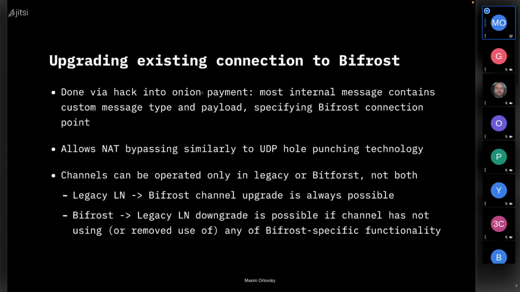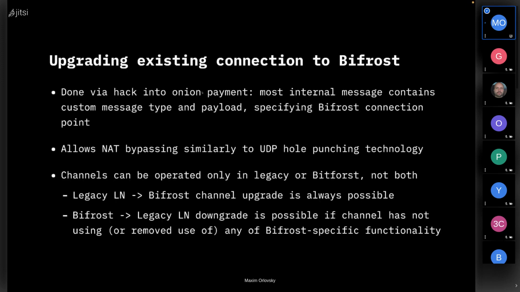But let's assume that you are behind the NAT, or that you would like to connect to a node whose IP or Tor address you don't know. You have just a node public key. And you can do that by sending a special onion payment where the last packet inside the payment has a very specific custom structure.